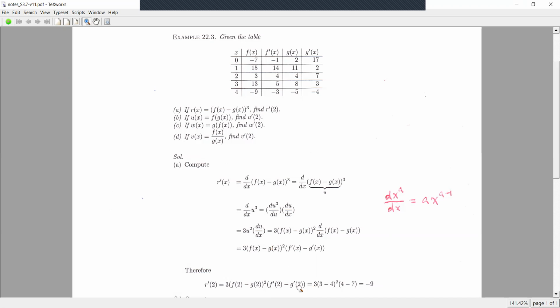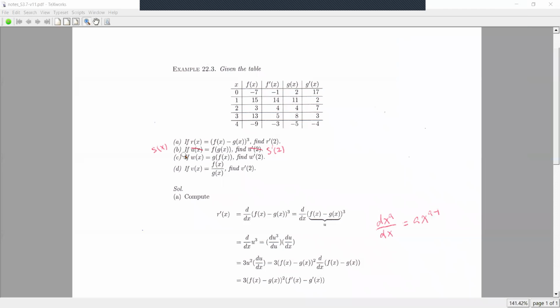The derivative of g at 2 is 7. So plug in the data in this expression, then we get the derivative of R at the point 2 is -9.